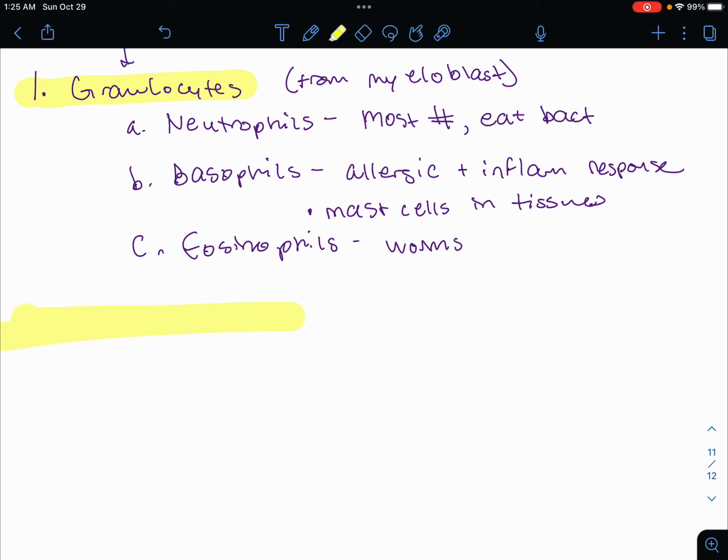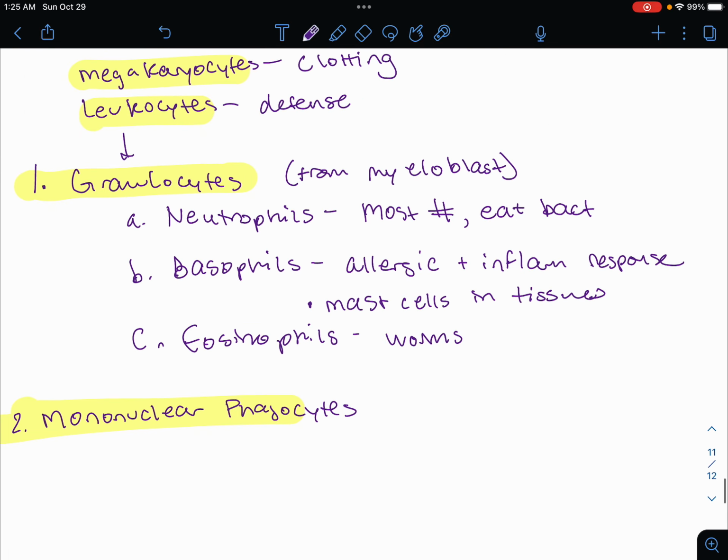Our second kind of leukocytes are going to be the mononuclear phagocytes. This is another category where we are going to come from the monocyte.